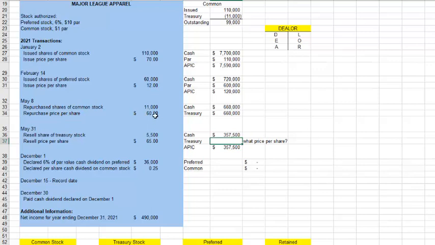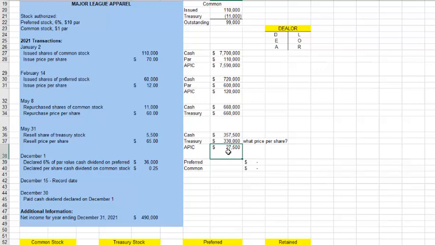That is the value that we hold them at. So we are going to take 5,500 shares at the amount that we bought them at, which was 60. So 5,500 times 60, we valued those treasury stocks at $330,000. The difference between the cash that we received and the amount that we valued our treasury stock at is going to go to additional paid-in capital.